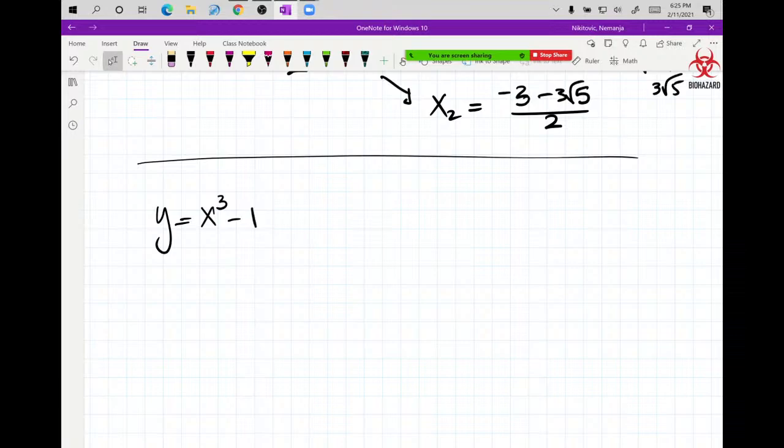Okay, the formulas for this are horrendous. Look it up online, right? Look up the formulas for cubics, and you will see that they take a page of calculation and 20 minutes of your life to get to the first root if you want to use the formula.